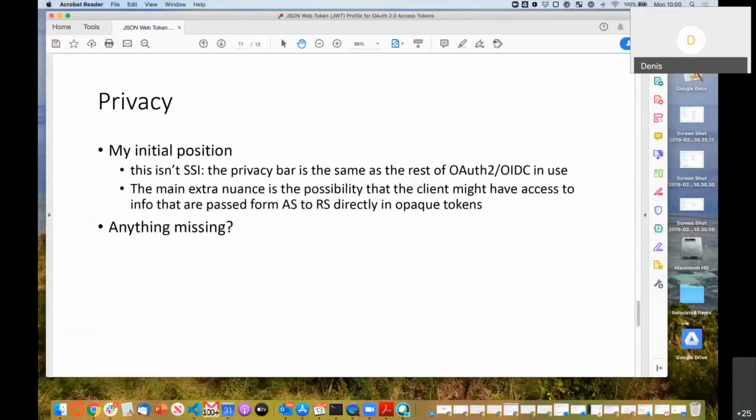The second point is that, in fact, there are two parameters that are mandatory, sub and client ID. And I sent an email just before this meeting, less than an hour ago. Since these two parameters are required, it's impossible to support data minimization.